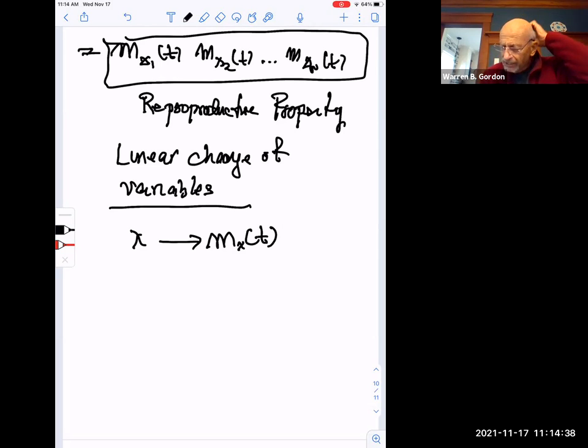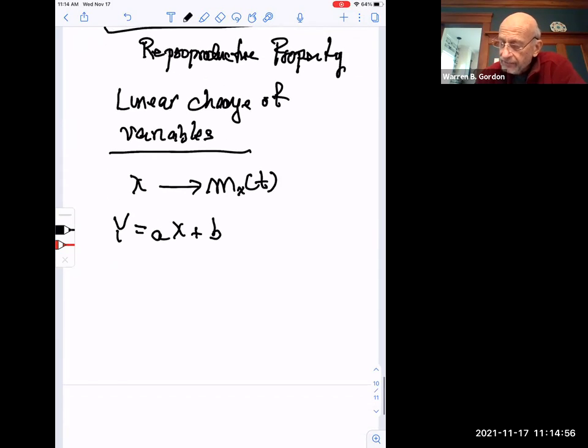So I'm giving you some random variable. I'm telling you its moment generating function. And then I let y equal ax plus b. So the question is, how is the moment generating function of y related to the moment generating function of x?